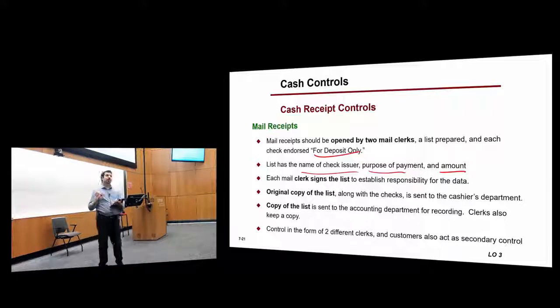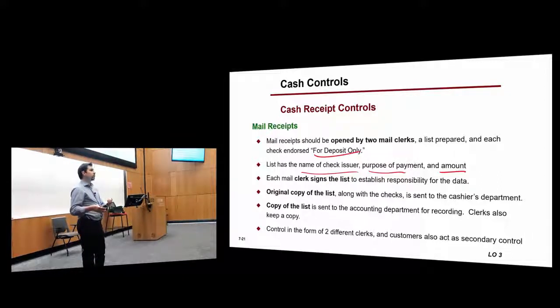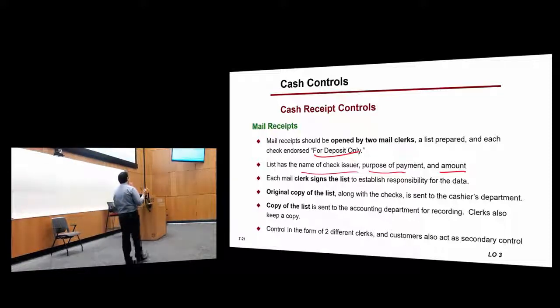They send the original along with the checks to the cashier's department, who will later deposit it at the bank. They send another copy to the accounting department. They record those payments. Remember, we still need to make the journal entries, right? They prepare those entries, and then the clerks will keep the copy for their own records.